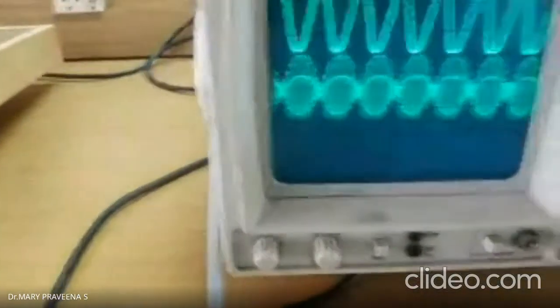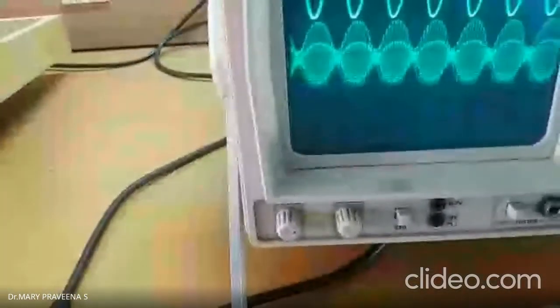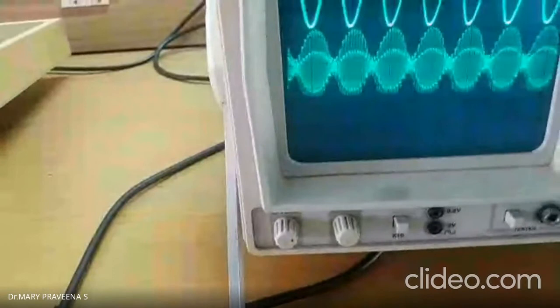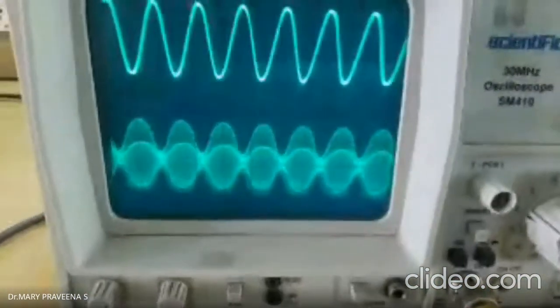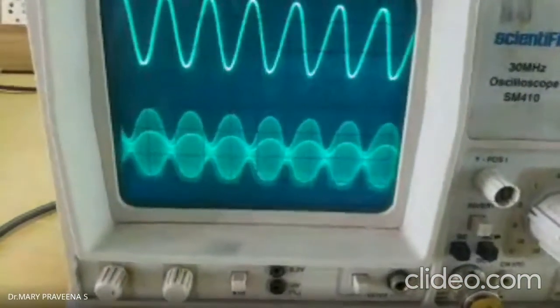Channel 1 will be the input signal, and channel 2 will be the modulated output, which is the amplitude modulation.